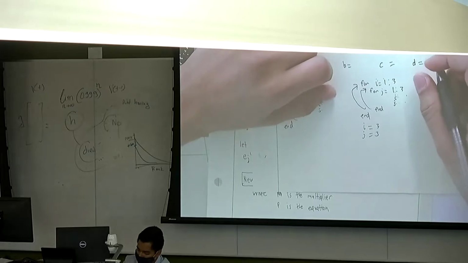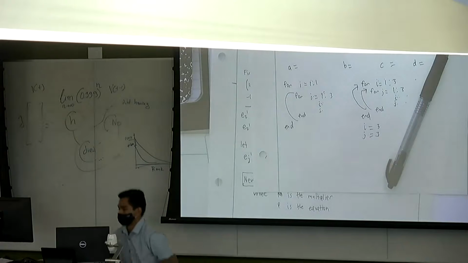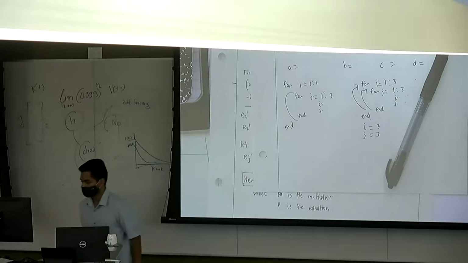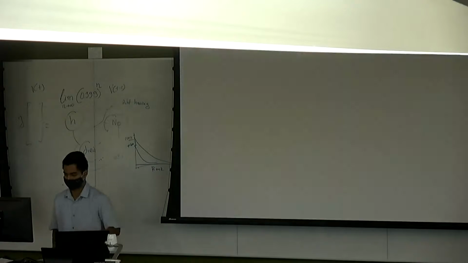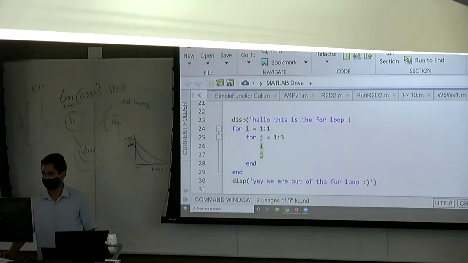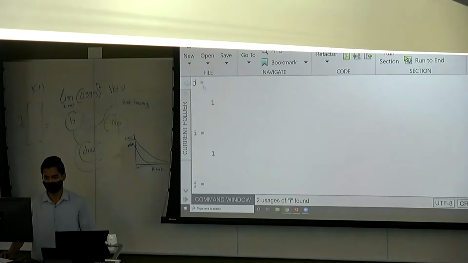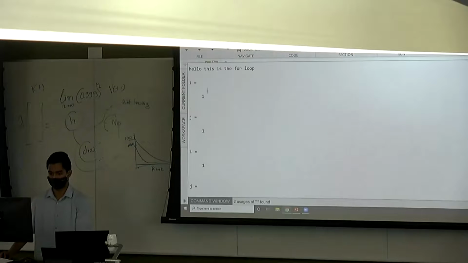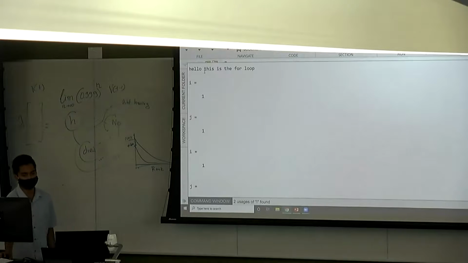Okay. So let's make sure that's correct. I equals 1, J equals 1. This is the beginning. This is the top of the for loop.